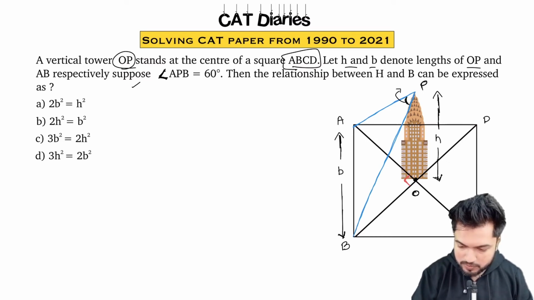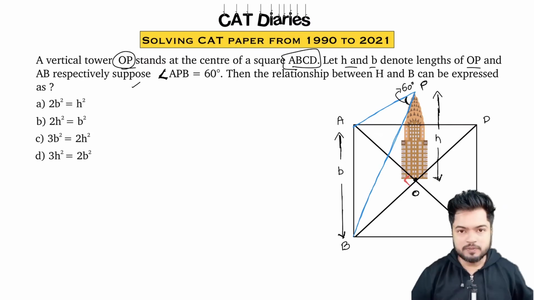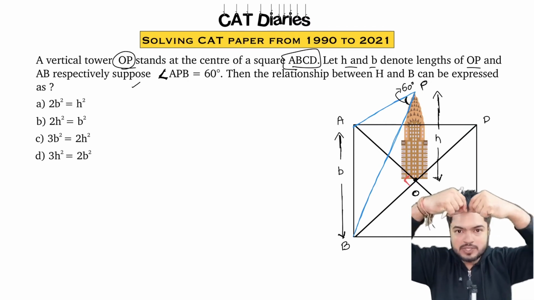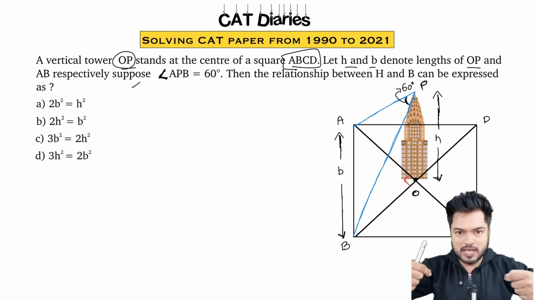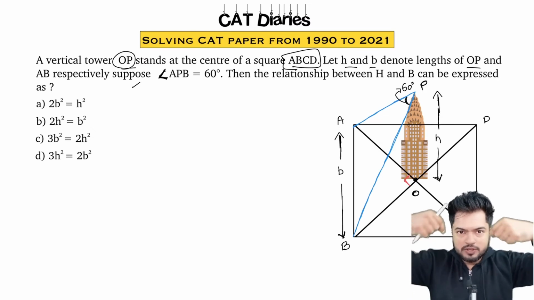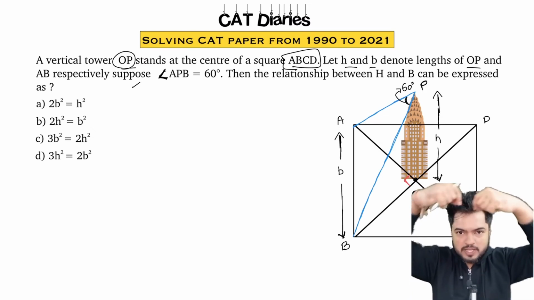That's how you have to visualize this. So there's a square, and from the bottom you take two of the corners and connect them to the top of the tower. Visualize it correctly. This angle is equal to 60 degree at the top.